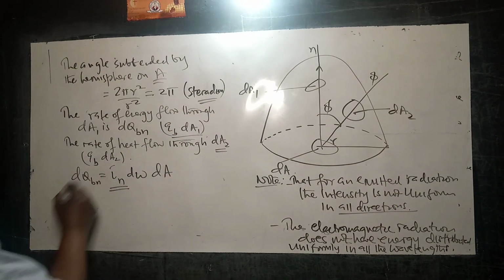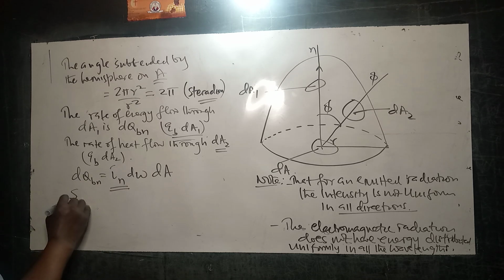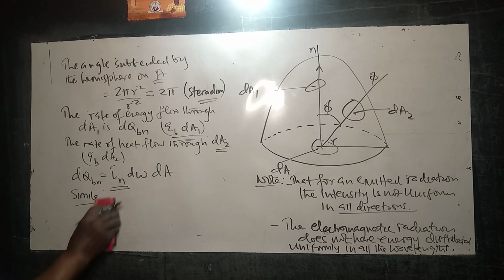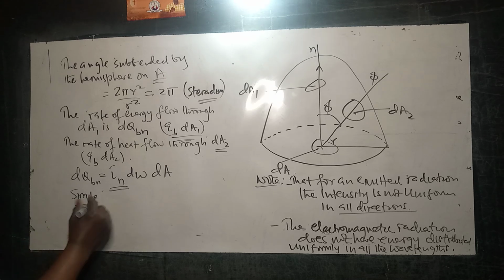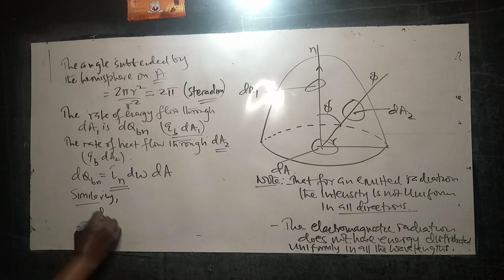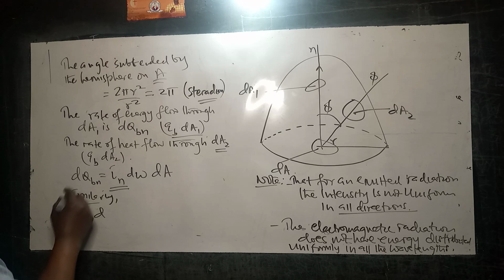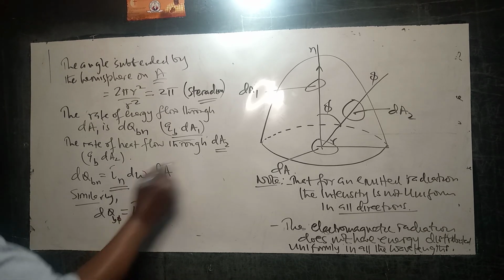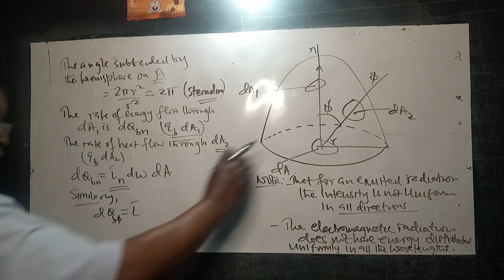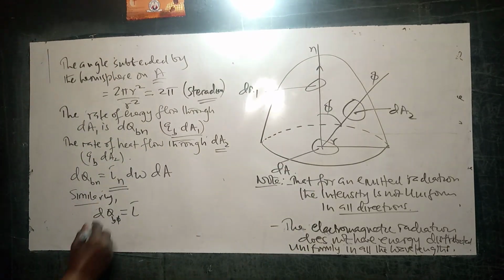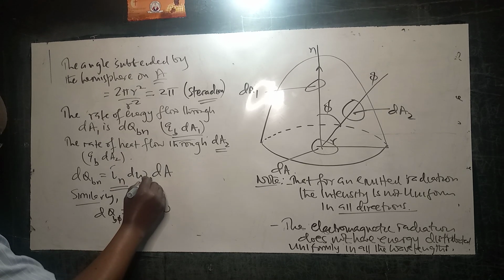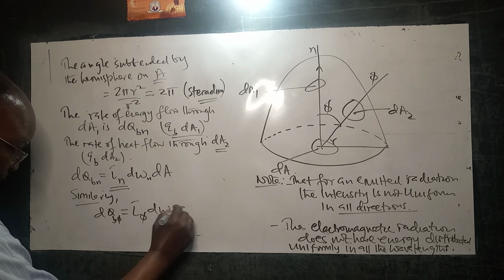So similarly, here, when we move on, dq through dA2 at phi will be the intensity along that line which is displaced by angle phi, I phi, times d omega phi, times dA.